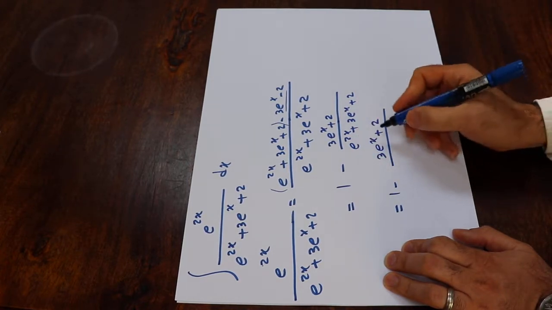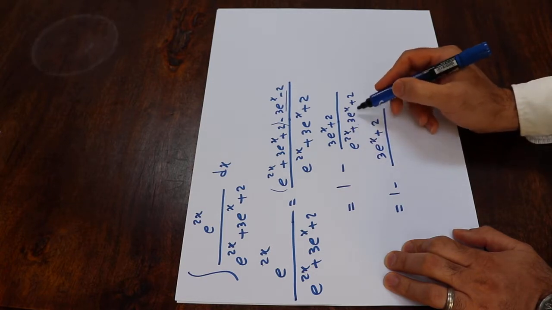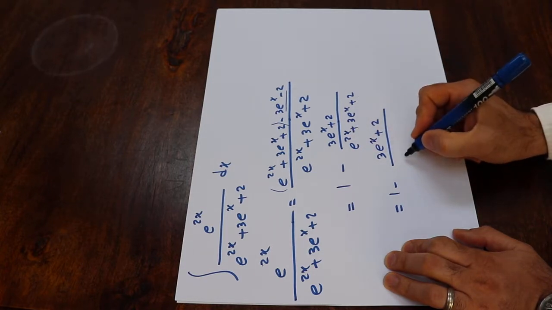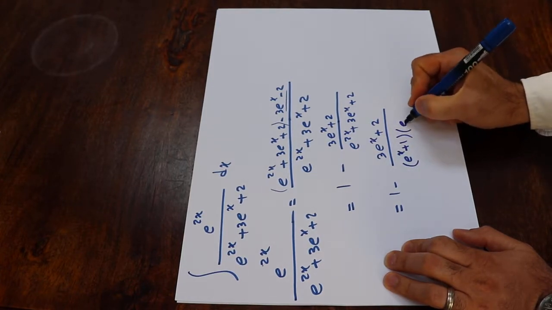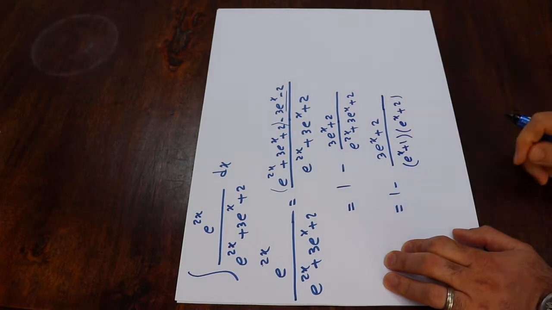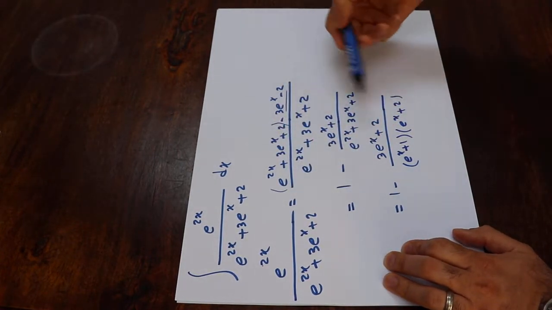You can write the denominator e^(2x) + 3e^x + 2 as (e^x + 1) times (e^x + 2). Okay, so it was just some simple algebraic steps.